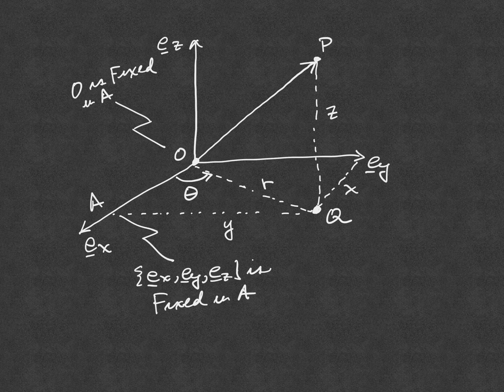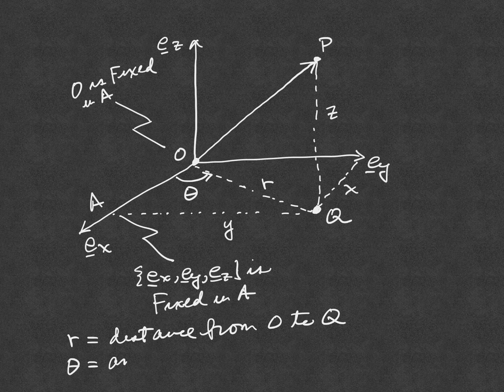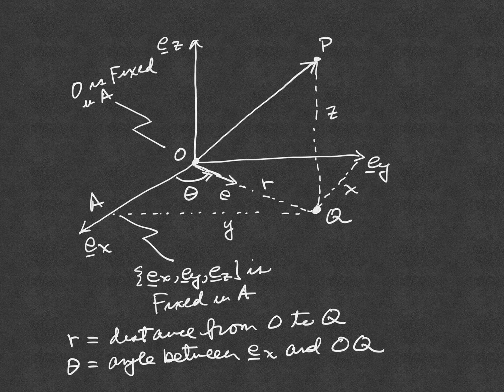So let's get this right. R is the distance from O to Q, and theta is the angle between EX and OQ. And I'm actually going to call the unit vector along OQ, I'm going to give it a name. That unit vector is going to be called ER. So ER is the unit vector along OQ. And EZ remains the same.